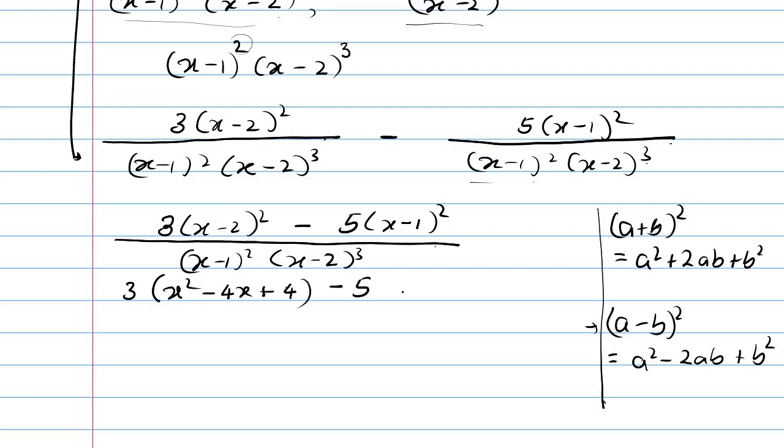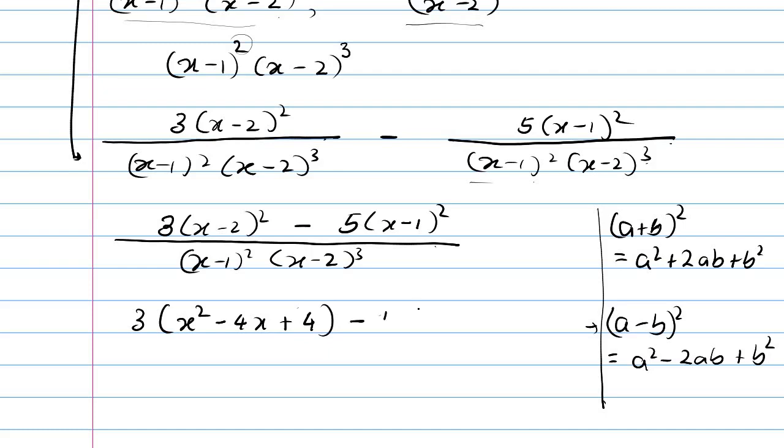Now we have 3 times x squared, and then negative 4x because this is 2 times ab, which is 2 times x times 2, and plus 2 squared, which is 4, minus 5 times x minus 1 squared. Again you apply the same rule, we get x squared minus 2x plus 1.